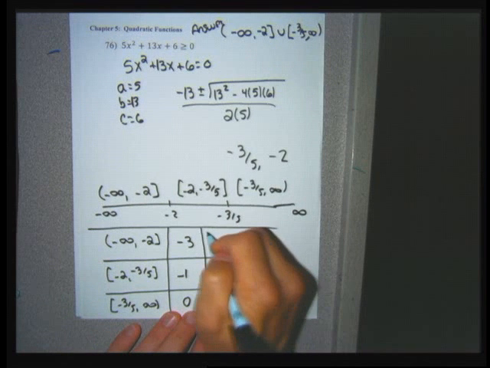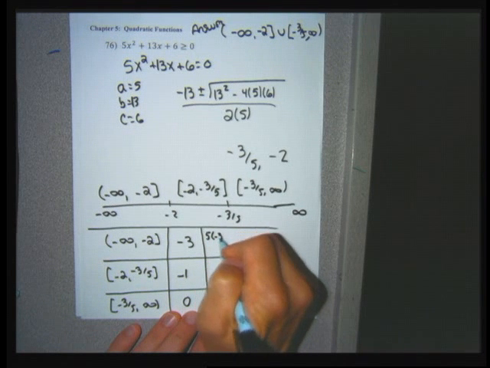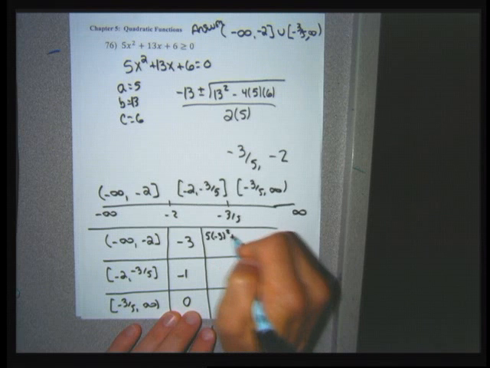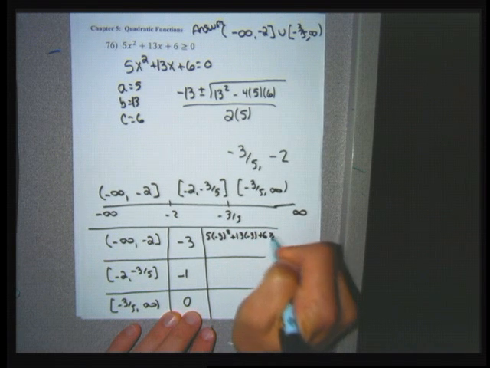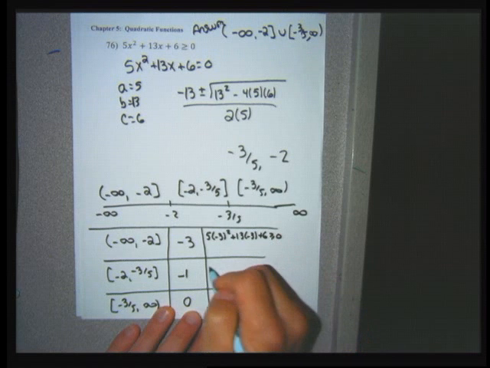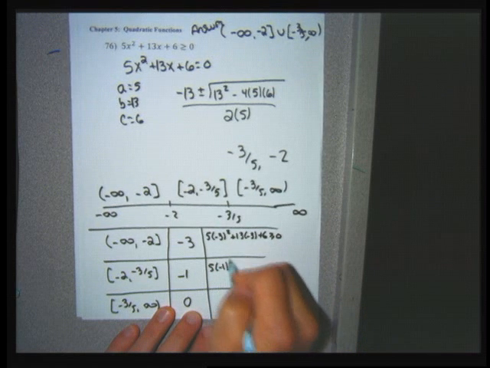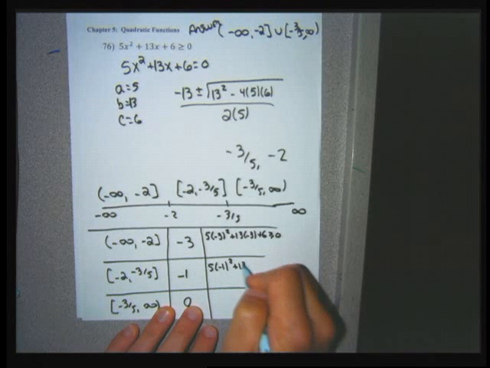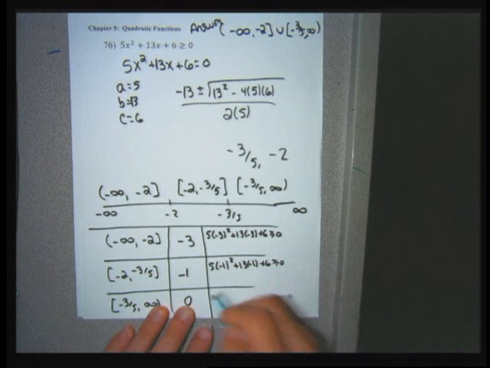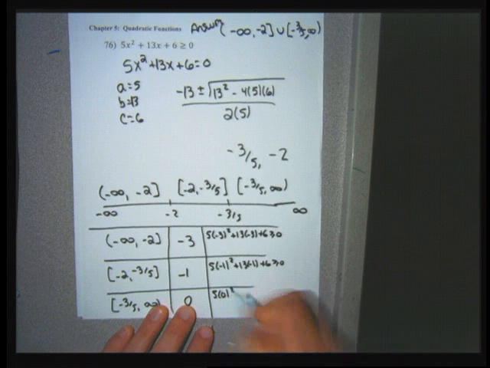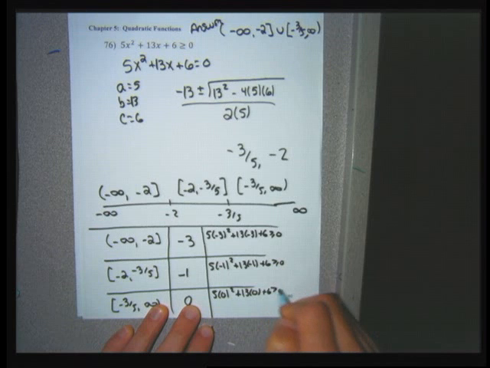Checking, I'm going to go 5 times -3 squared plus 13 times -3 plus 6 is greater than or equal to 0. And then 5 times -1 squared plus 13 times -1 plus 6 is greater than or equal to 0. And then 5 times 0 squared plus 13 times 0 plus 6 is greater than or equal to 0.